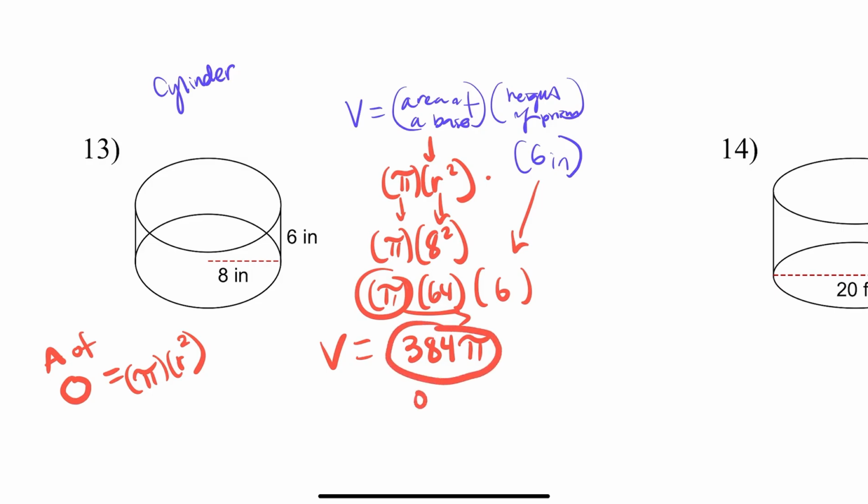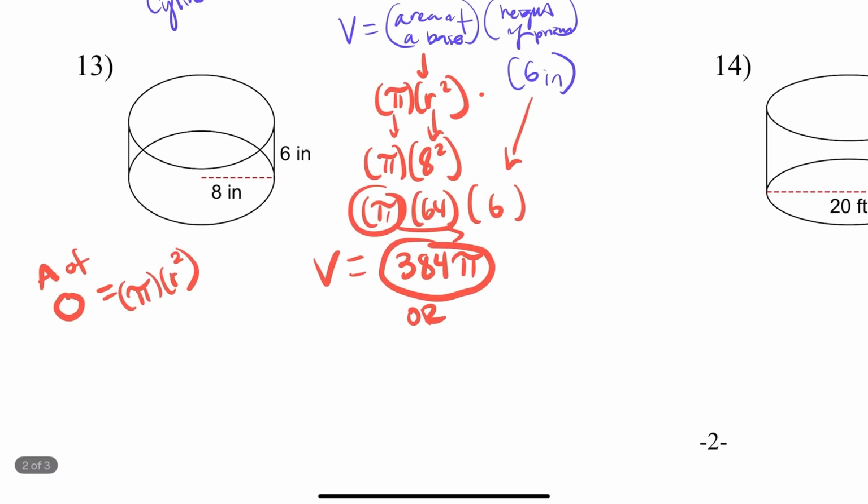384 pi. Or you can also just type in 384 pi on your calculator, hit enter, and you'll get a decimal answer, around 1206. I'm going to round it to the tenths. It's going to be 1206.4, and both of these still require the units.